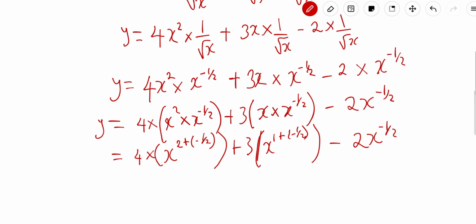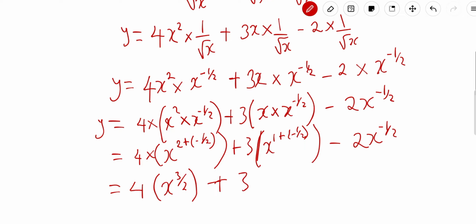So this is also going to say 4x to the power of 2 plus, multiplied by minus 1 over 2, we are going to have x to the power of 2 minus 1 over 2, because plus times minus is minus. 2 minus 1 over 2 is the same thing as 3 over 2. So I'm going to rewrite this as 3 over 2.